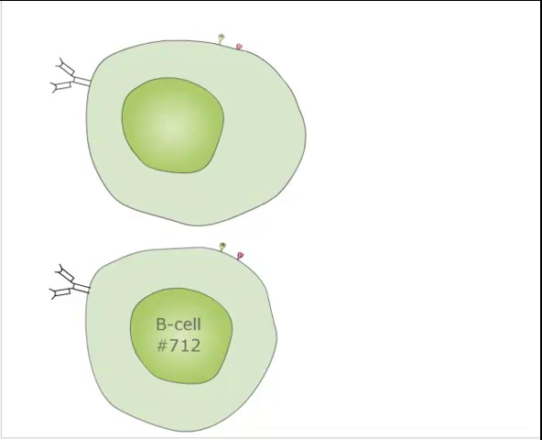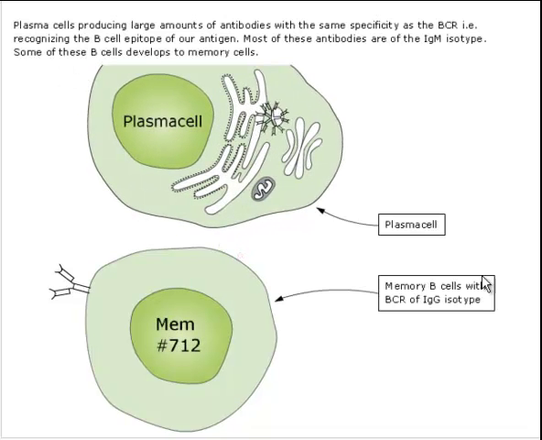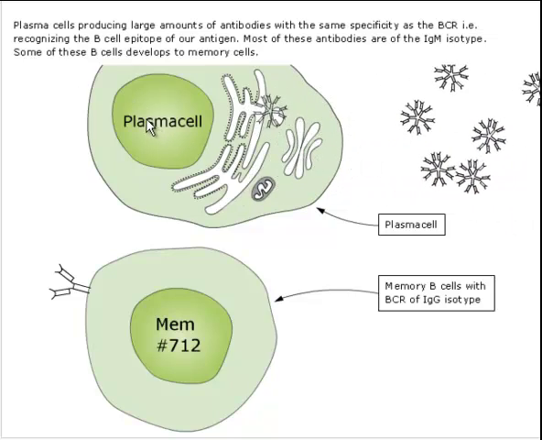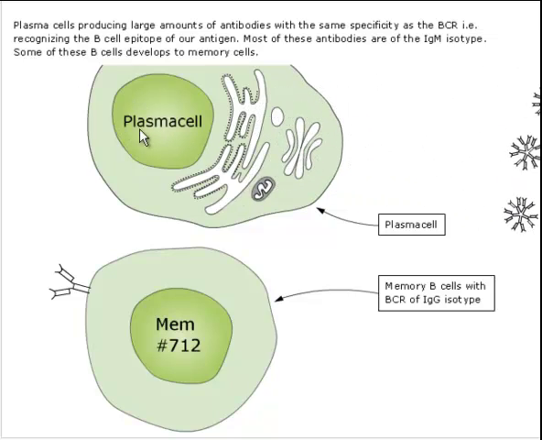Some of these B cells are going to differentiate into plasma cells, and these produce large amounts of soluble antibody that's going to be released. The plasma cells that come from these B cells are going to express antibodies of the IgM class.